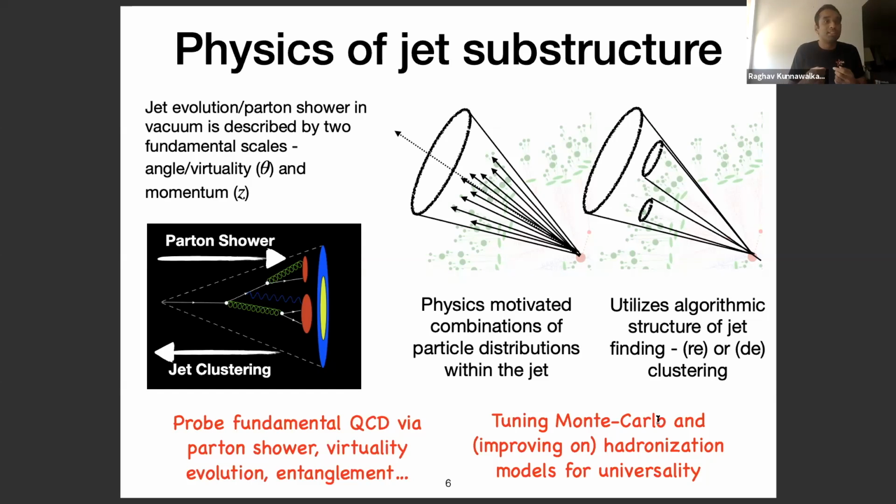So they are in some sense also entangled, if you have a decay or a gluonic emission, the objects that arise from there are in a sense entangled, and that is also a study of QCD. There's also the secondary part where we have Monte-Carlo models that seem to predict the data that we have at the LHC, but there's also data at RHIC and coming forward at the EIC.